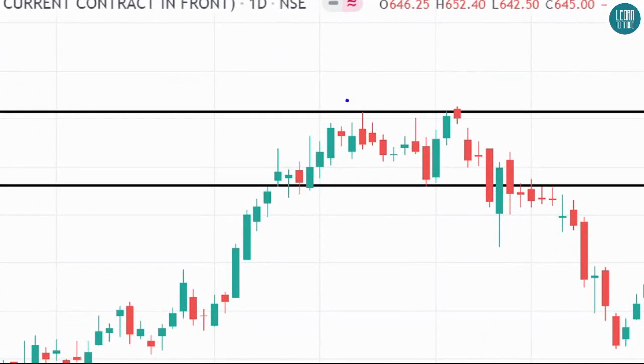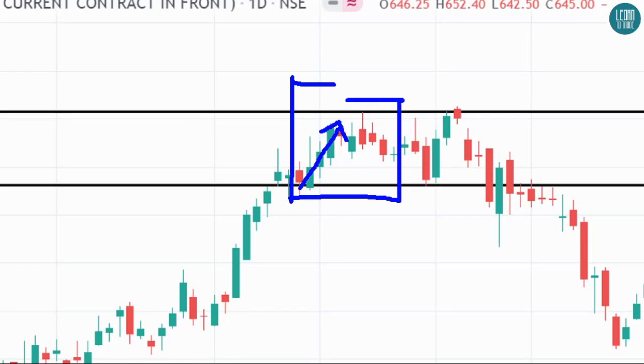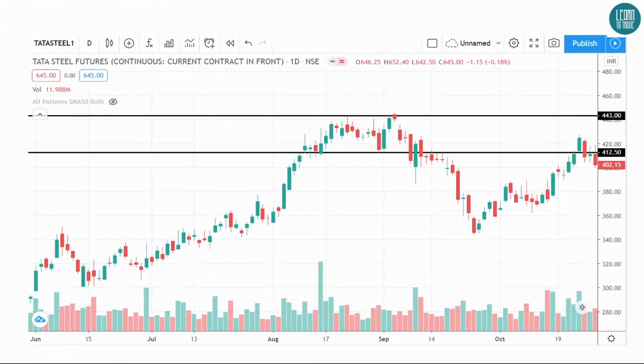this precise zone, what is happening is buyers are trying to push the stock price towards upside, but sellers are again trying to push the stock price towards downside, and one more time buyers try to push towards upside, and sellers again come and push the stock price towards downside.